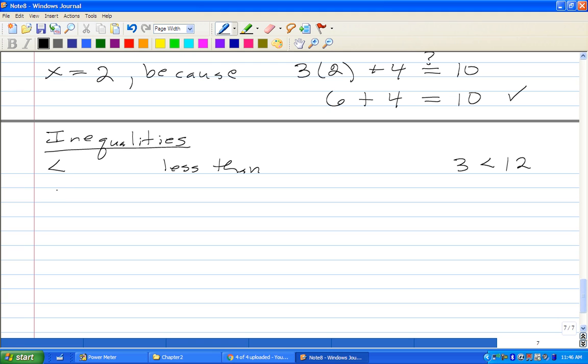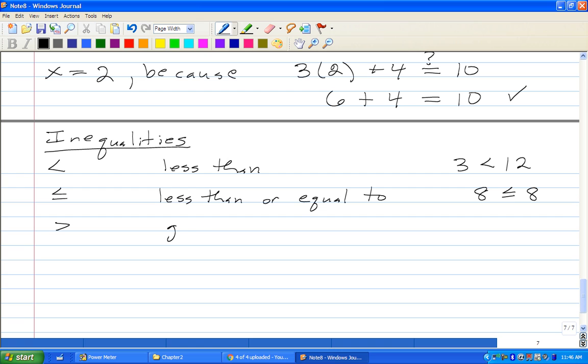This symbol means less than or equal to. So 8 is less than or equal to 8. Now that's a true statement because it's equal to 8. So 8 is equal to 8, therefore it's less than or equal to 8.